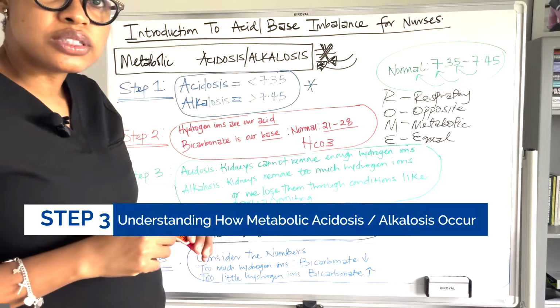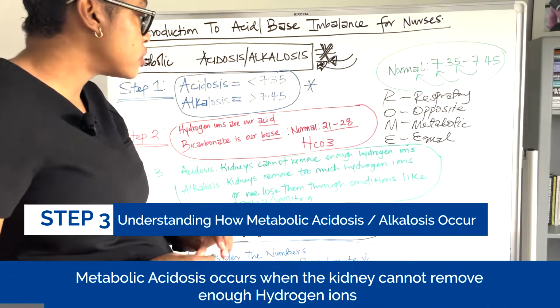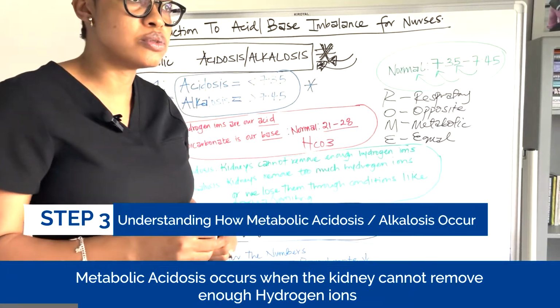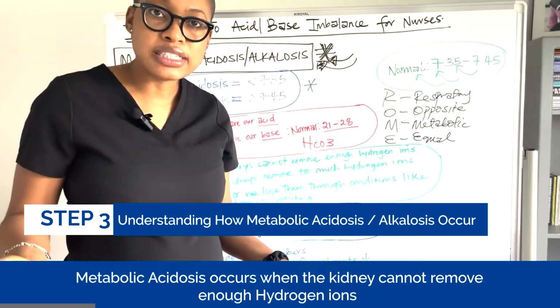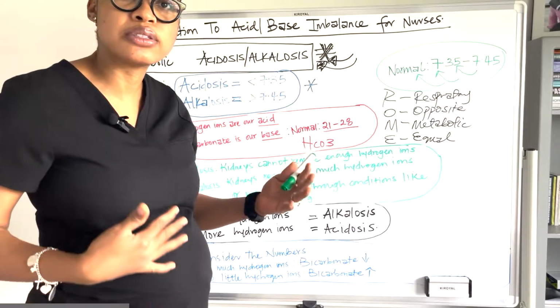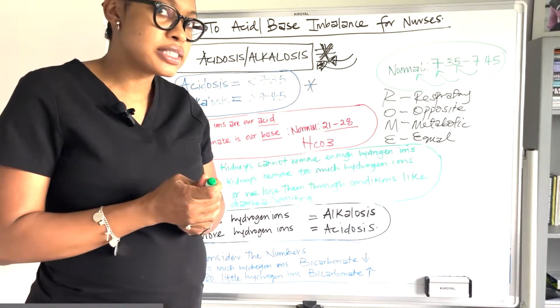Now, acidosis, when it comes to metabolic, occurs when the kidneys cannot remove enough hydrogen ions. We already know that the kidneys as an organ system, their function is to filter out things from the body so that they don't stay in the body as an excess.